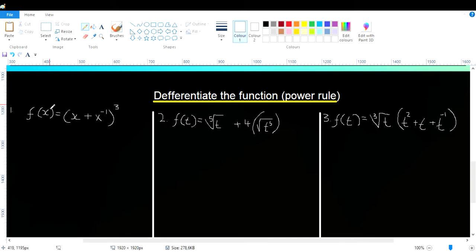So the first step here, let's try to simplify this function. f of x is equal to, here let's open three brackets: x plus x to the power minus 1. Close the bracket.